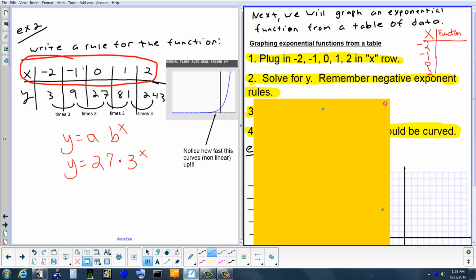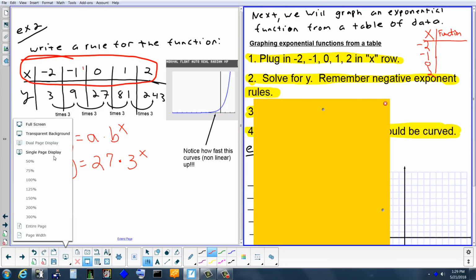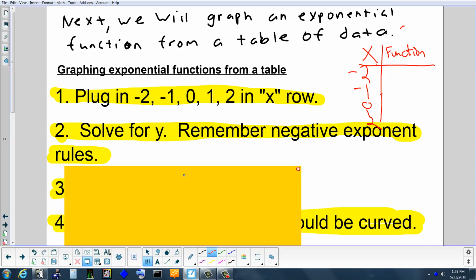Now, solve for y. That means, because I might have a function like 3 to the x, I'm going to take my x values, I'm going to plug them in as the exponent, and I'll solve. Again, when we're doing these exponentials, the x will always be an exponent.